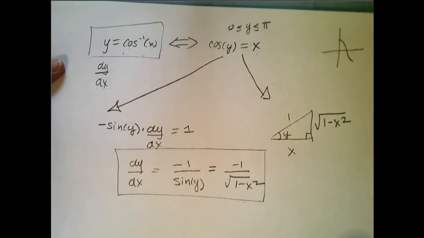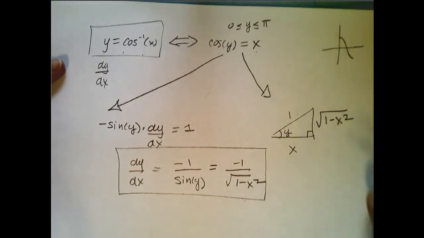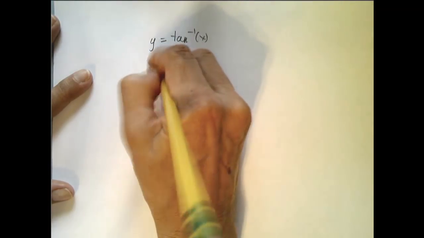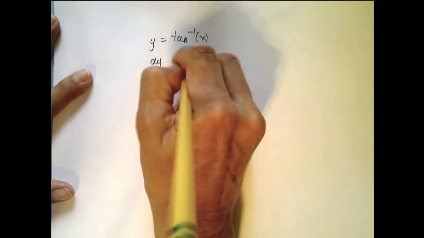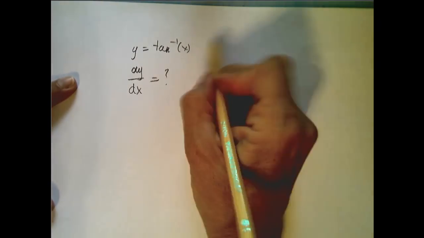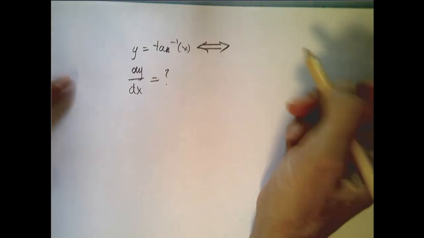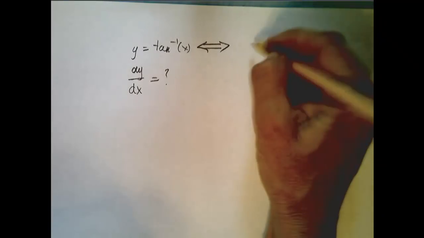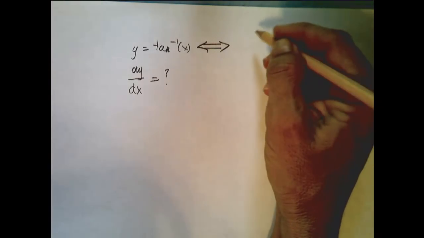All right, the last one we want to look at is tangent inverse. So if y equals the tangent inverse of x, what is dy/dx? Well, let's write tangent of y in terms of x.